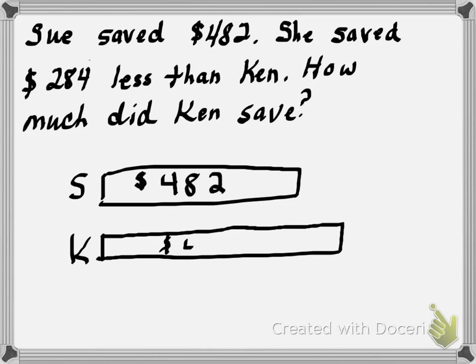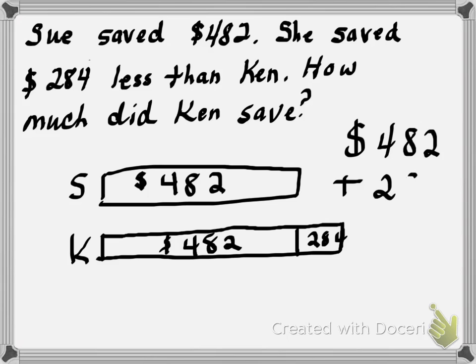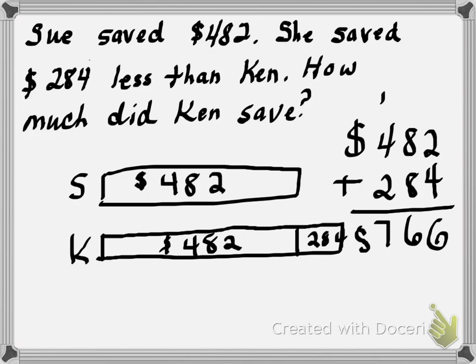So he saved the $482, same as Sue, and another $284. Now to find out how much Ken saved, I'm going to put those numbers together. I'll add 284, and the answer is $766. Remember to put your dollar sign in front.